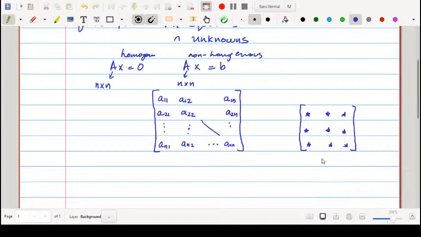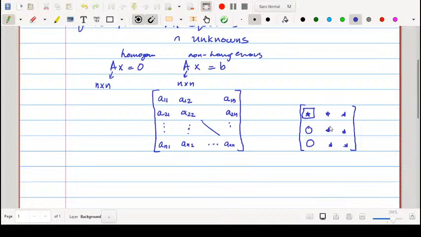Now, when you do Gaussian elimination, the first thing that you try to do is get rid of these two entries. You try to make them 0, and let's say you succeed in that and you have a first pivot here. Then let's say this entry is also non-zero, or one of these two entries is non-zero. If one of them is non-zero, you can of course save Gaussian elimination by exchanging the rows.